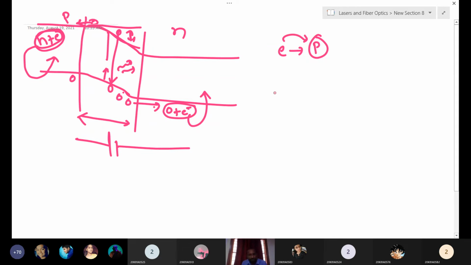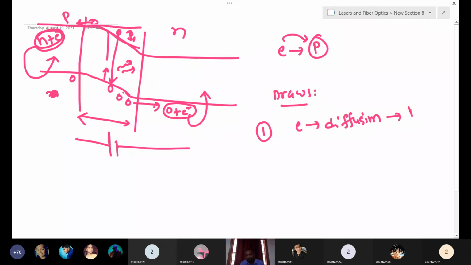So here the main drawbacks are: the band gap is the same, meaning the material is the same, meaning the refractive index is also the same, isn't it? The refractive index of the p side and the n side is the same, right? Yes, sir. So the first drawback is that electrons may diffuse into the p side because of the less potential barrier.